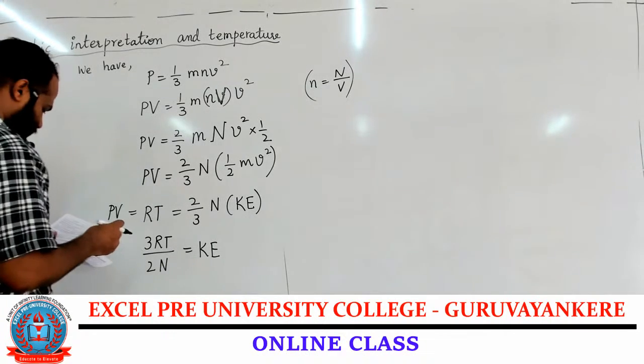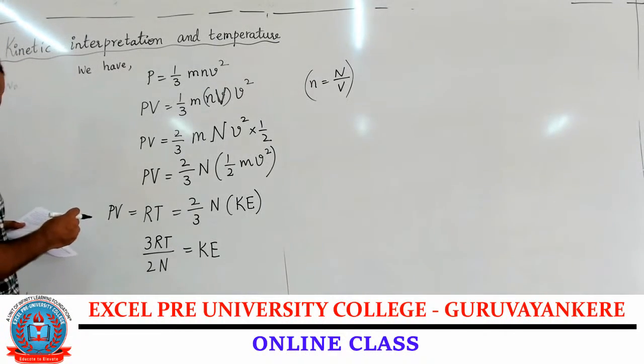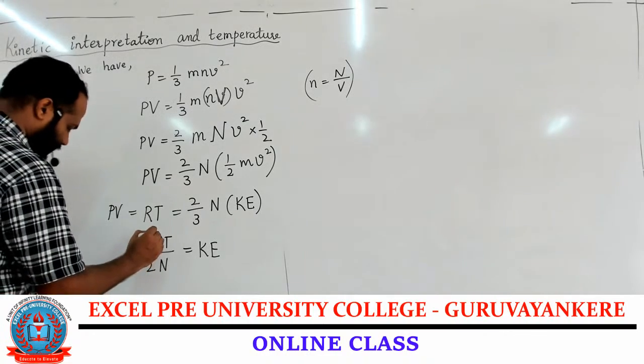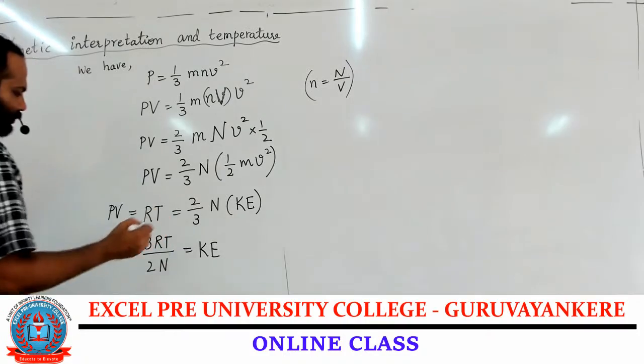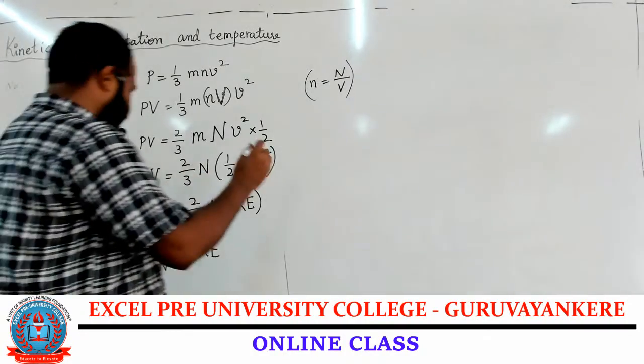So kinetic energy can be written as, see, this R by N is regarded as the Boltzmann constant.